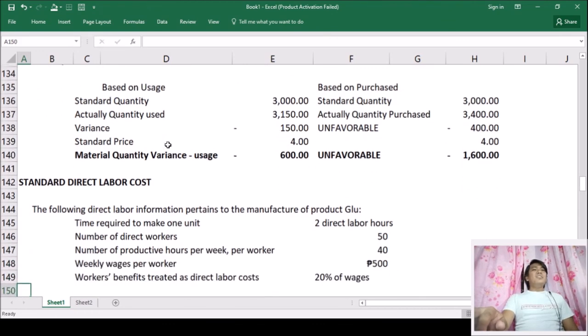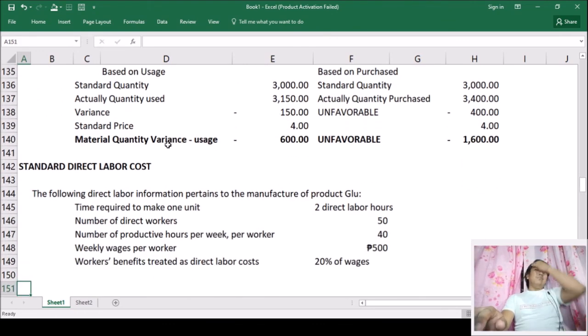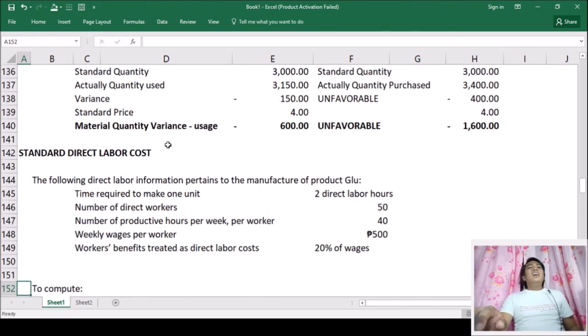Doon naman po tayo sa standard direct labor cost. Ito. The following direct labor information pertains to the manufacture of glue, a product glue. Time required to make 1 unit is 2 labor hours. And then, number of direct workers is 50. Okay.